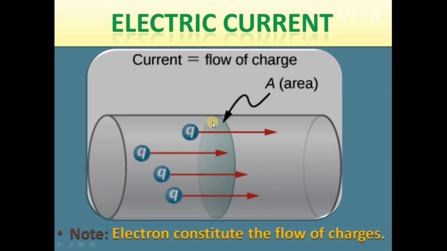That is, the number of charges flowing through this area in unit time gives the electric current. Note that electrons constitute the flow of charges. Remember, electrons are responsible for the flow of charges.